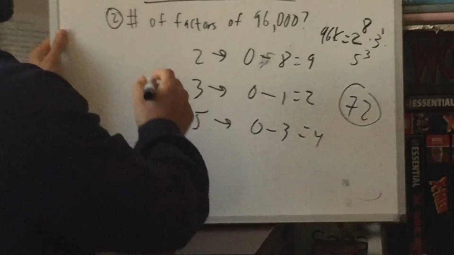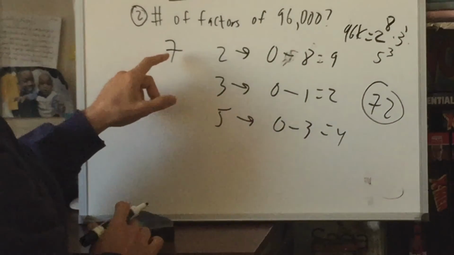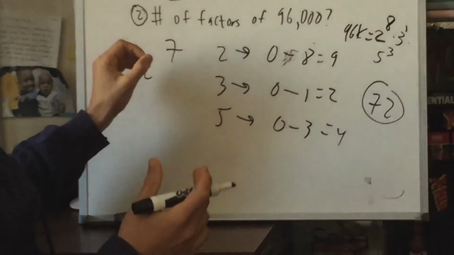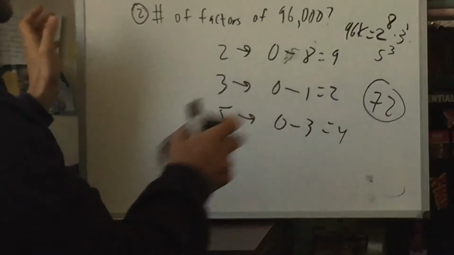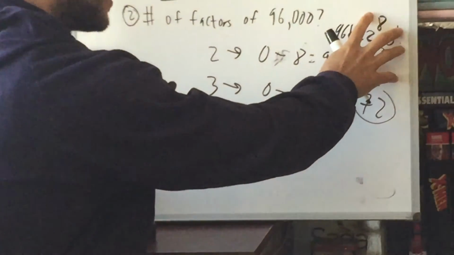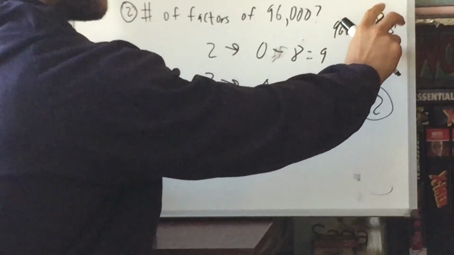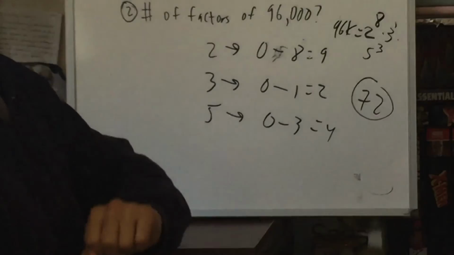So if, let's say, your prime factorization is 2 to the 7th, then the smallest power you can pick is 0 and the largest is 7. That's 8 choices, so it's always one more than the power. So for any number, you take the prime factorization, add 1 to each of the powers, multiply all those, and that will be your answer. All right.